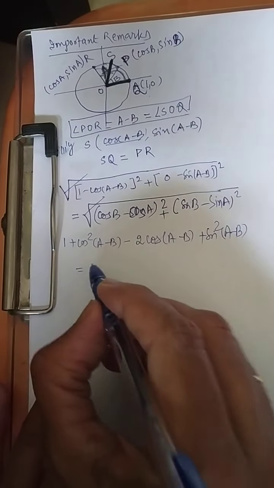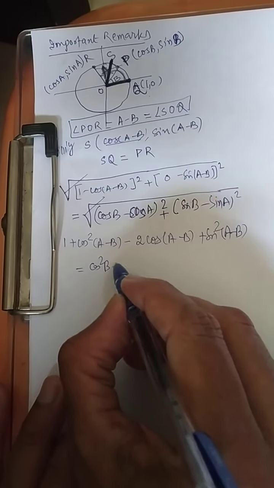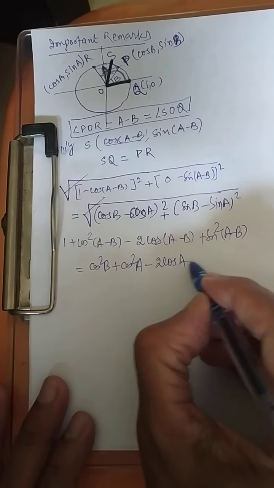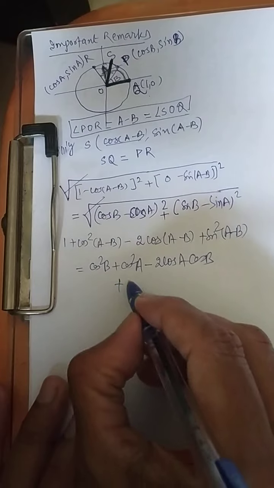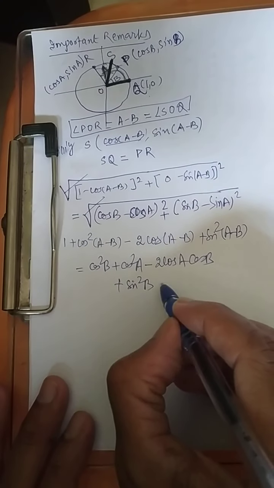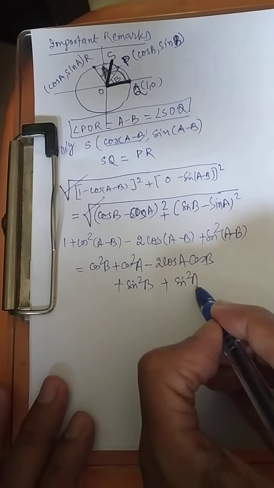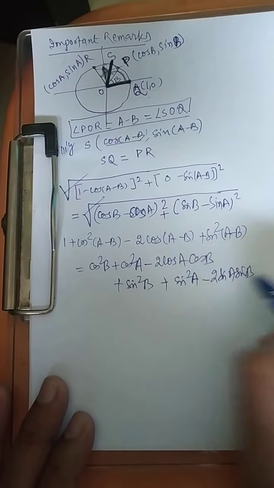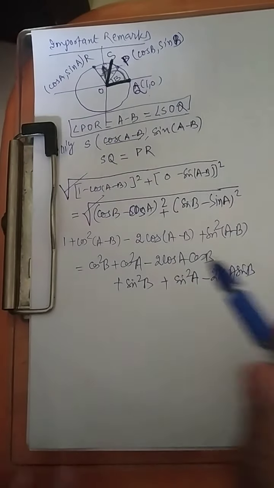will be equal to cos square B plus cos square A minus 2 cos A cos B plus sin square B plus sin square A minus 2 sin A sin B. Now see some remarks.